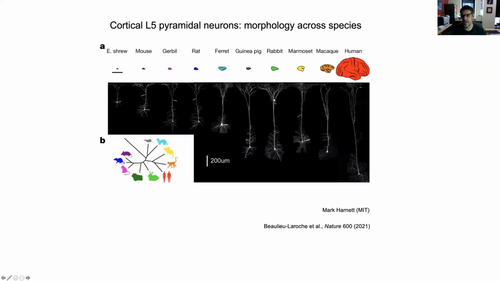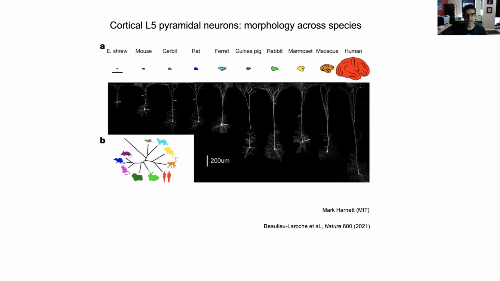Here we see the apical dendrite, here the tuft dendrites, basal dendrites. And I would even argue there's not much of a difference from the mouse onwards. It's just basically an extension. So the length of these dendrites, there's an expansion to double the size pretty much. Otherwise, it is remarkably similar.